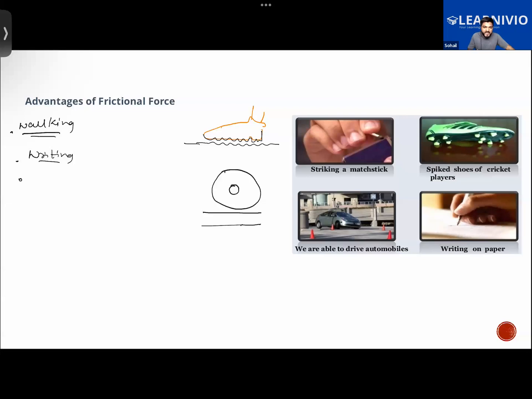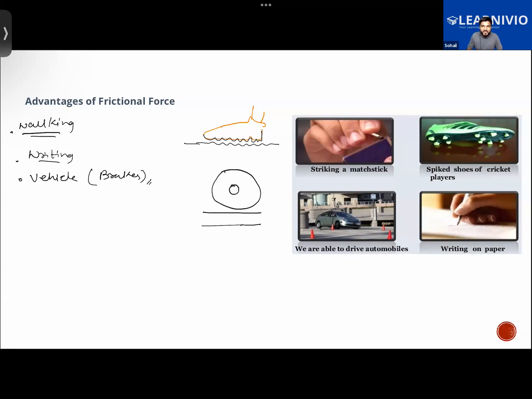Even if the brakes are applied, if the friction between the wheel and the road is very less, the vehicle will slip on the road. That will lead to accidents. Getting it? So in that also it is important. To apply brakes on the vehicles, friction is necessary.